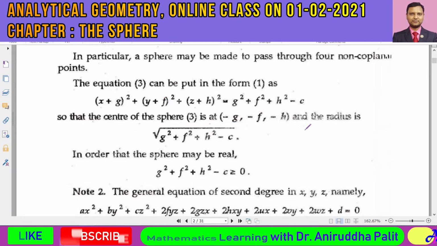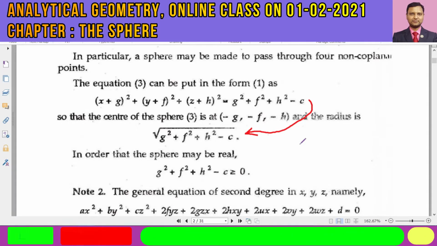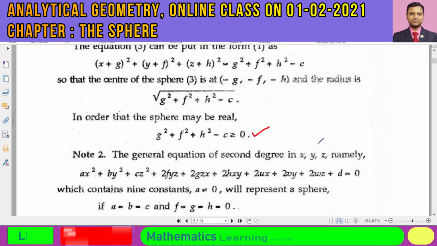And what would be the radius? The radius would be the positive square root of the right hand side. So it is clear that the sphere would be a real sphere provided the expression within this square root symbol is greater than or equal to 0.